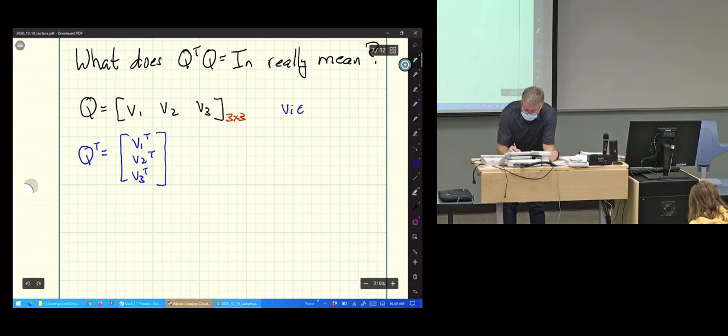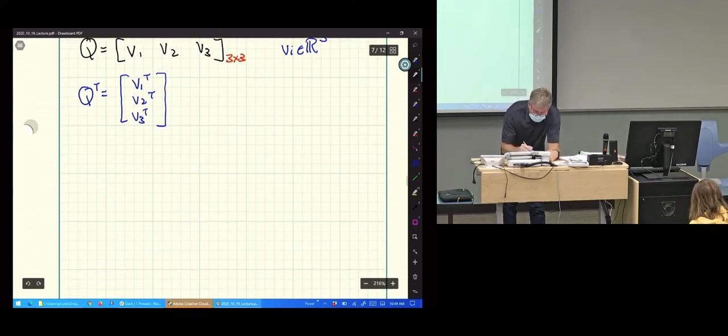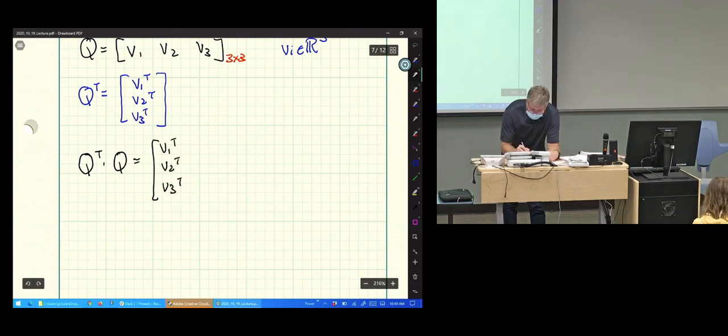So the vi here are in R3, just to make the computation straightforward. Now, Q transpose times Q, this is all of these rows stacked up, and these are the columns.